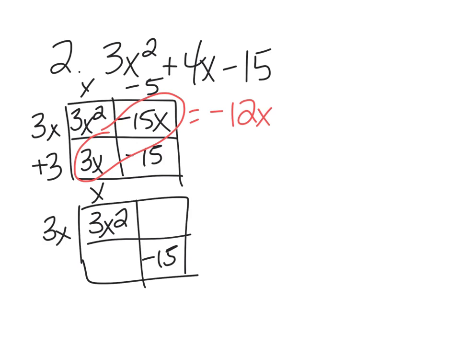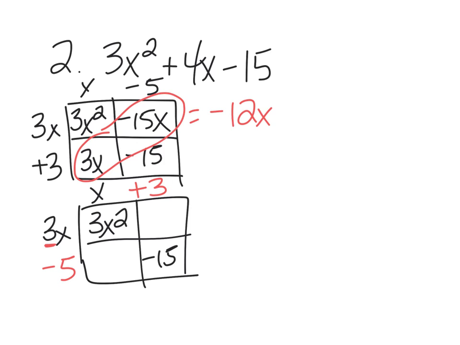So let me try. Oh, but it does matter the order because I have a 3 here. I'm just thinking 15 and 1 is going to give me like 45 and 3. So let me try x. Let me try plus 3 here. Let me try changing the order here.